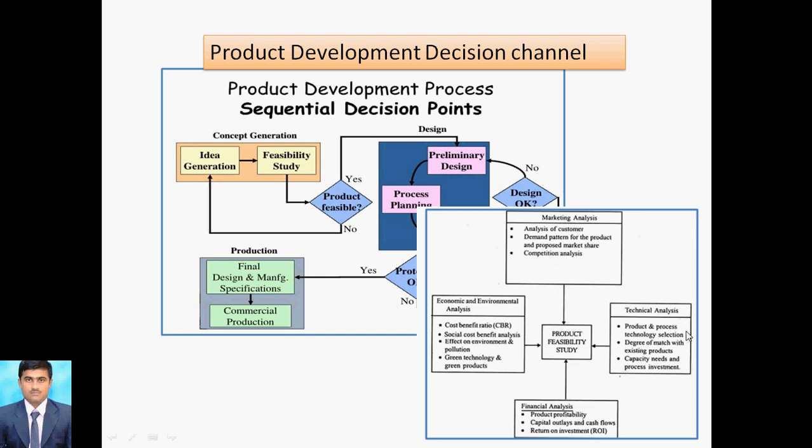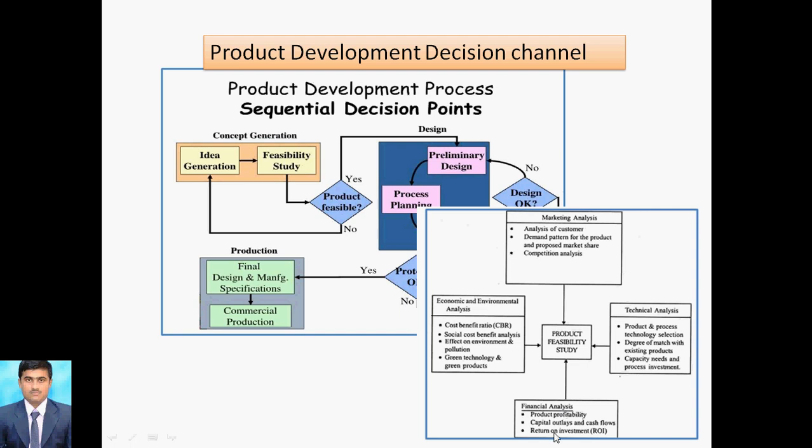Then technical analysis: in that case, we can select the product and process as per the requirement of the product. Then it can be matched to the existing product. You can check it over here, and then capacity needs and process improvement. So here we carry it out on a technical basis.